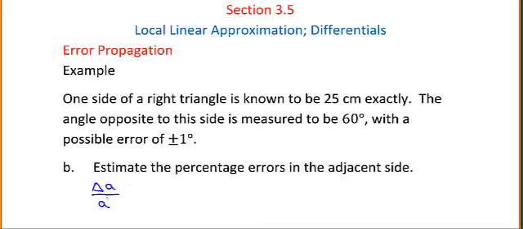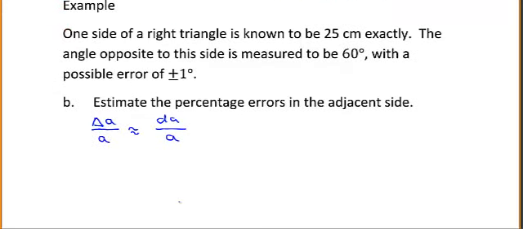So the absolute error would be approximately the differential. And since we have the absolute error divided by A, this will be approximately the differential divided by A. Now remember that the differential was the instantaneous rate of change in A with respect to theta, times d theta.